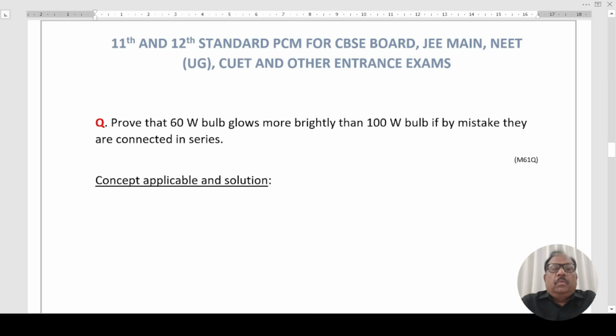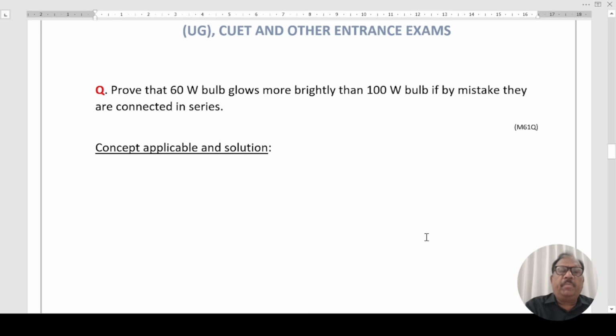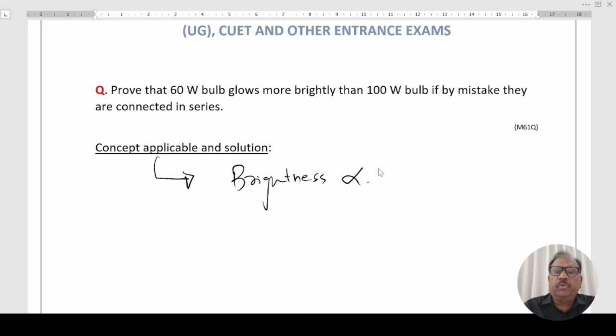Question is, prove that a 60 watt bulb glows more brightly than a 100 watt bulb if by mistake they are connected in series. Concept applicable: brightness is proportional to actual power consumed.